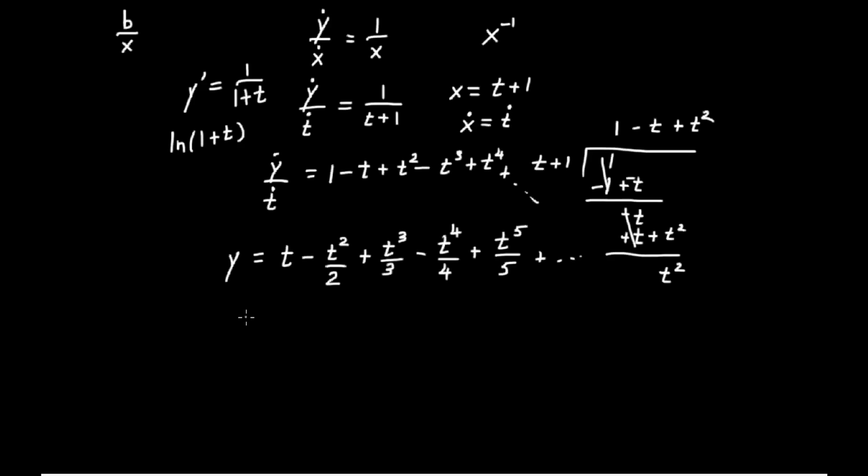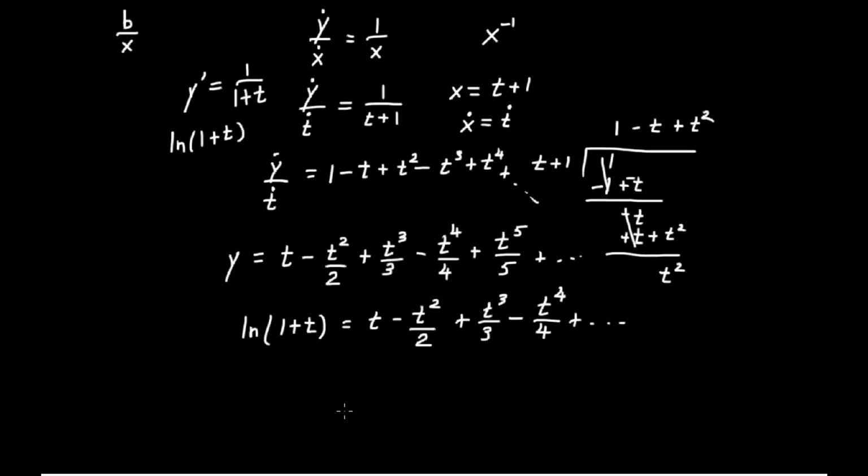So that's what I'm going to write here. I'm going to write that the natural log of 1 plus t is precisely equal to this power series expansion. It's equal to t minus t squared over 2 plus t to the 3rd over 3 minus t to the 4th over 4, and so on.